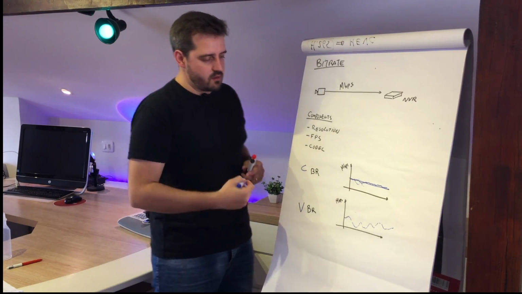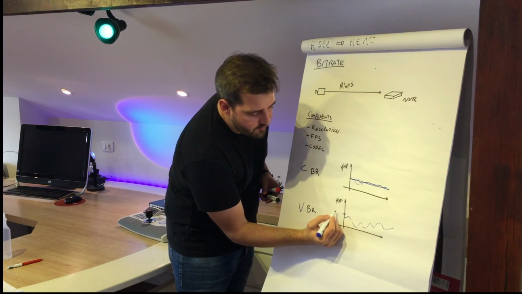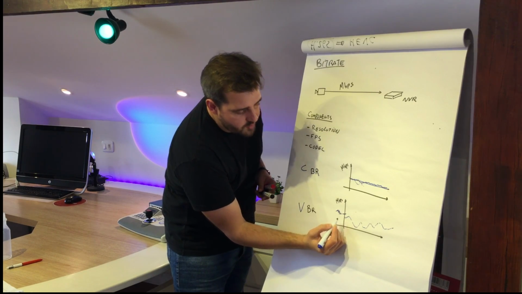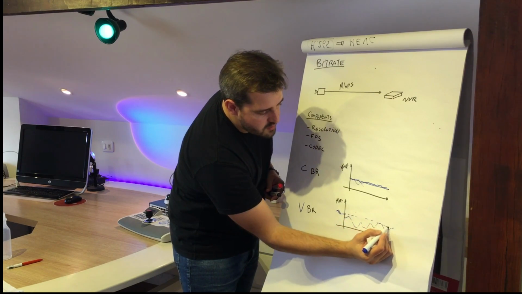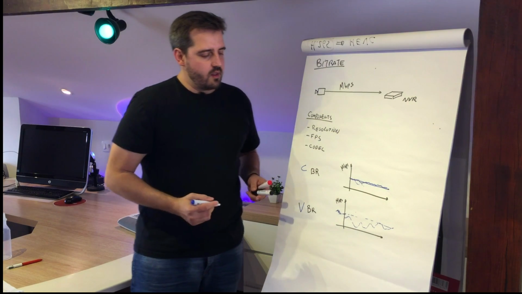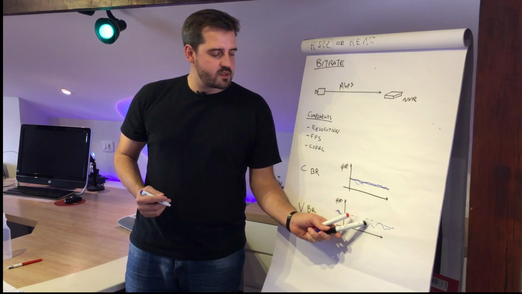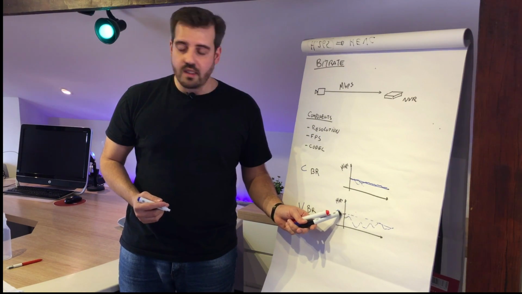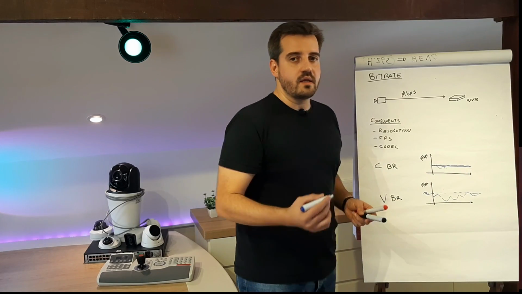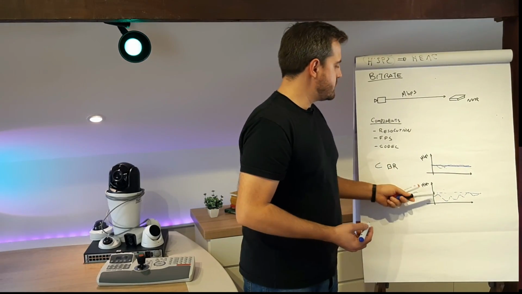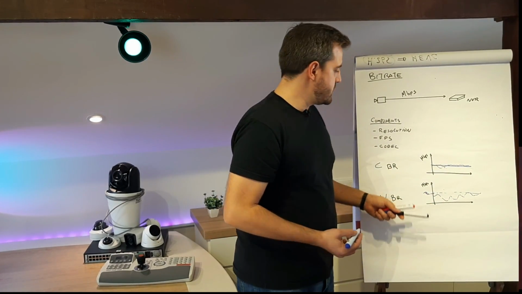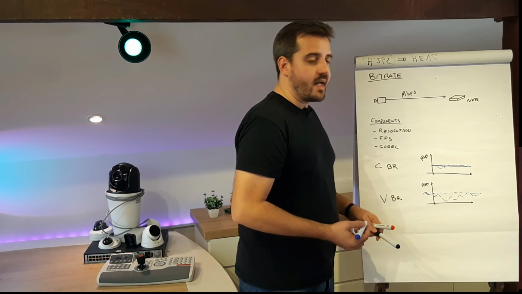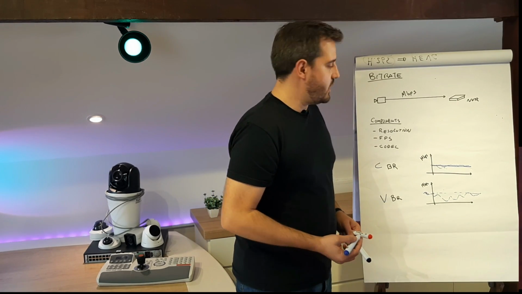But in most cameras we have a maximum that we can set for the channel. If the camera needs to exceed this limit, it will start to decrease the quality to not send more bitrate than is defined in the max bitrate for the VBR.